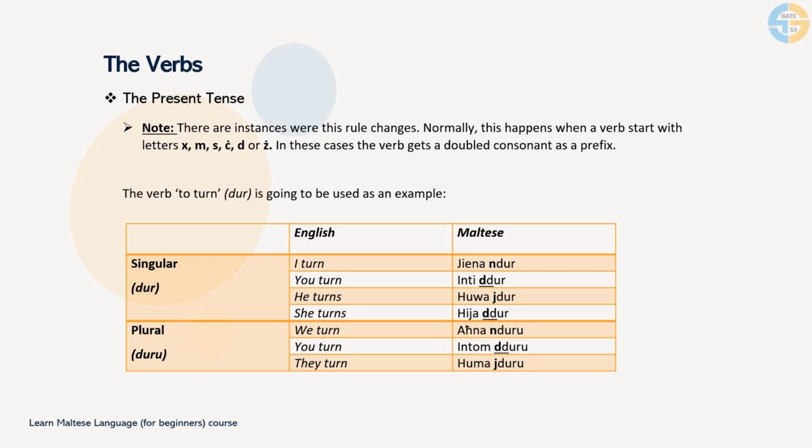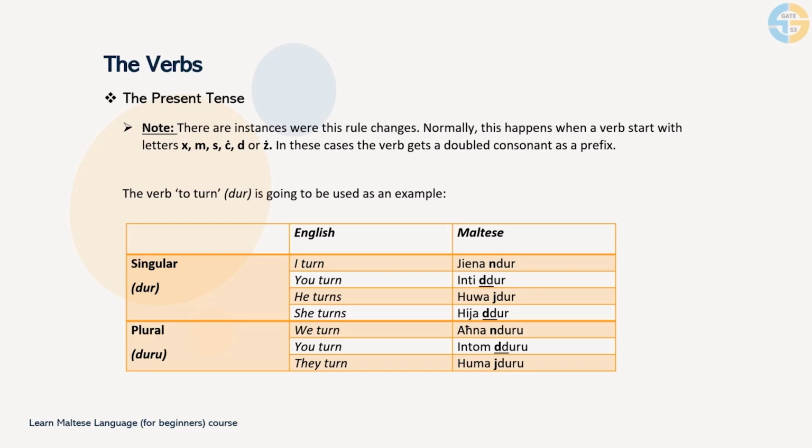Let's see now in English. I turn, in Maltese, jiena ndur. This starts with N. You turn, inti dur. So here we have a change: we add a D in front of the D of dur.